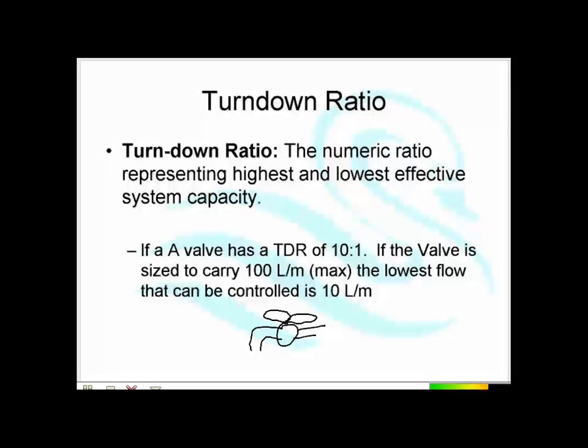Now what that means is if you can put maybe 100 litres a minute through your tap, the lowest controllable flow would be 10 litres a minute. Now obviously that's not the lowest flow you can put through the tap. The lowest flow you can put through the tap is nothing. But it's the lowest flow that you can control. If you try and go any lower than that, then it doesn't control very well.